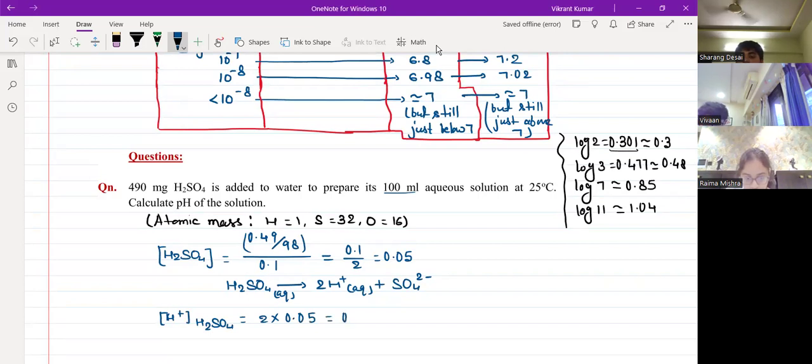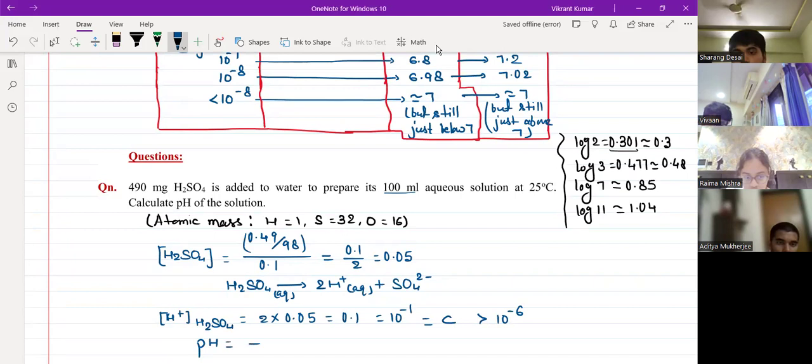So it will become 0.1, which is 10 raised to minus 1, जिसको मैंने C बोला हुआ था, and that is definitely greater than 10 raised to minus 6 है ना. अगर ऐसा आता है तो pH डायरेक्टली इसी से निकाल देते हैं, तो pH will be minus log of 10 raised to minus 1 directly, which is equal to 1.